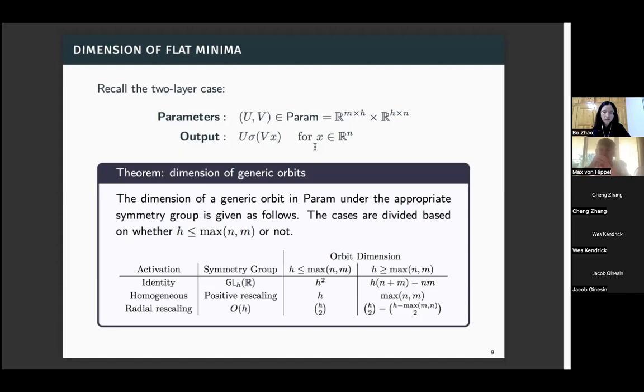So the orbit of this group, well, if you start from a minimum, and the premise is that the orbits of these groups are all minima, right? Yes. And how many minima do you need to start with? How many minima do you have to find until the orbits give you all the minima?